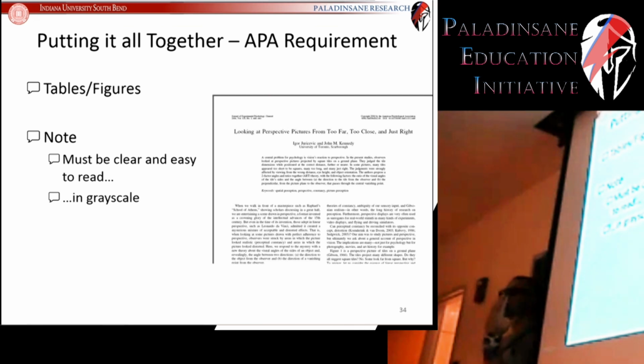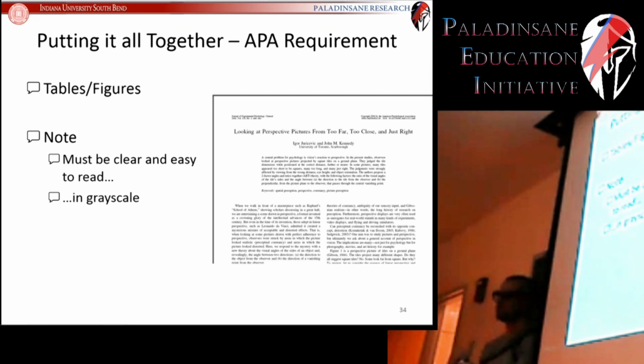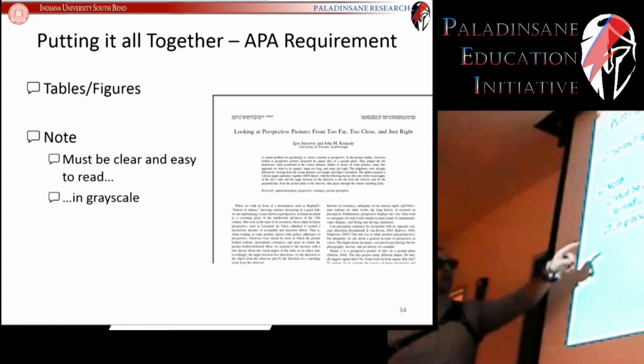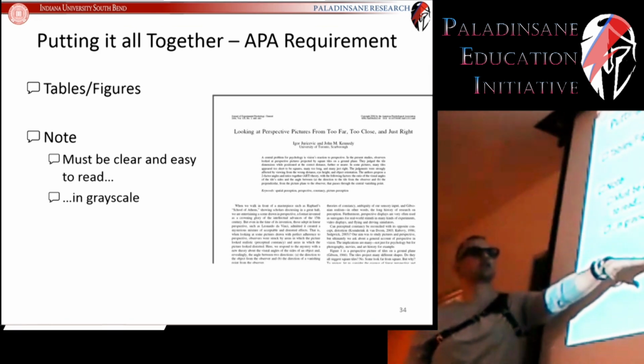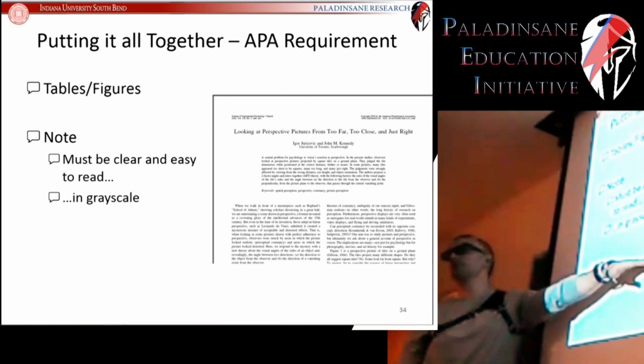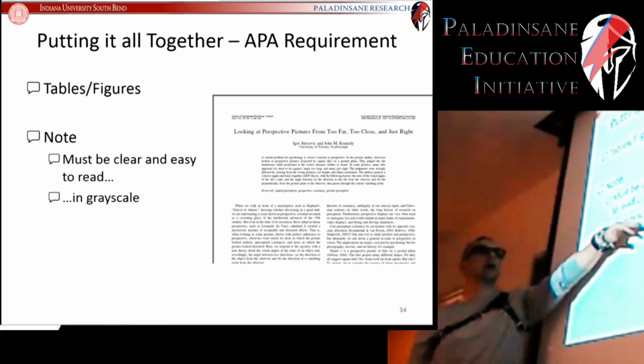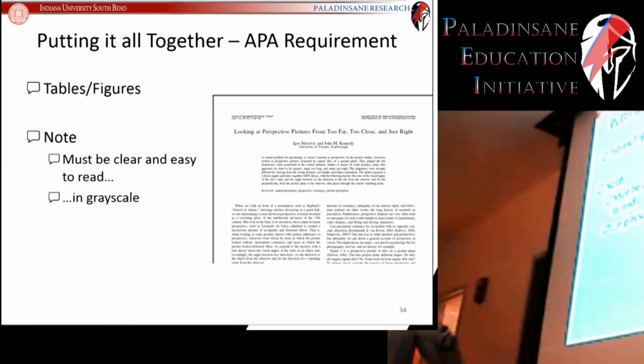And that is just not very legible. You will not be able to distinguish visually between those two. Dark gray versus light gray, black versus white, striped versus polka dot, whatever it is, it has to be legible and easy to read in grayscale.